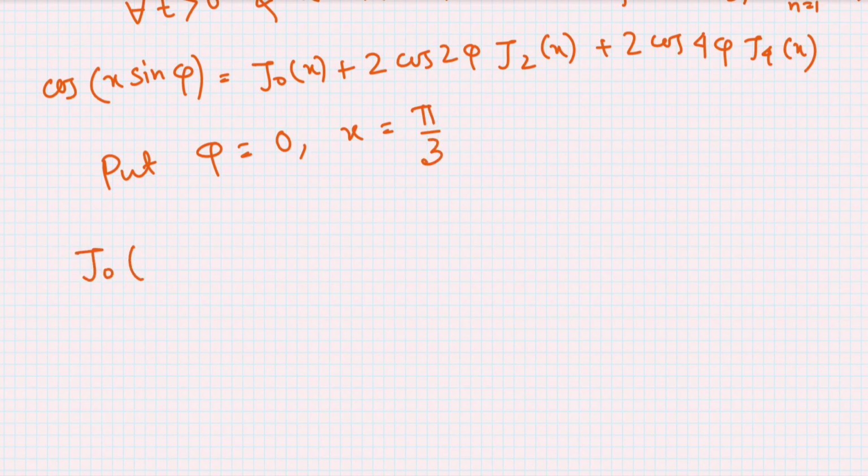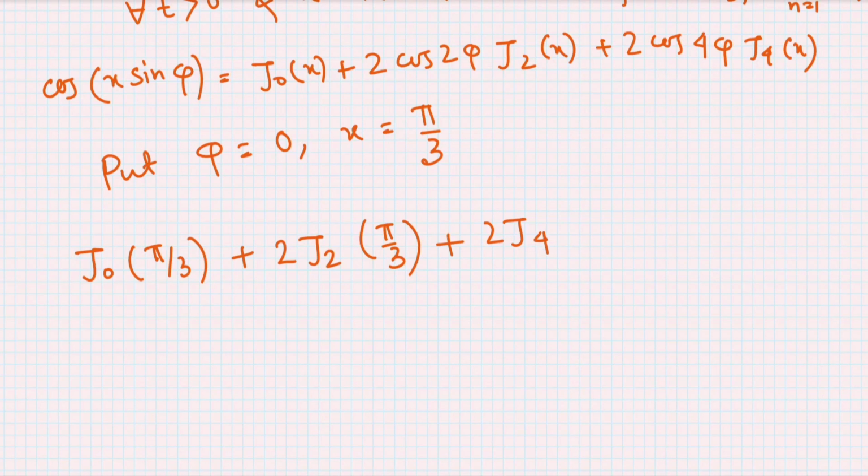J0(pi by 3) plus 2 J2(pi by 3), and cos phi means cos 0 means 1, so plus 2 J4 plus so on, this is equal to cos of x sin phi, and if we put phi equal to 0 then this gives cos 0, which means 1 clearly.